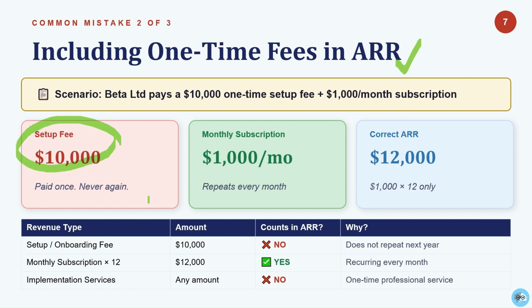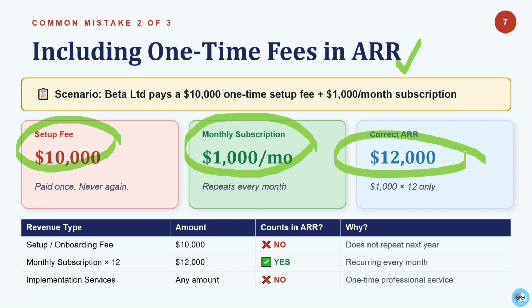Once the customer has got their service set up in their system, they won't be asking for that particular service. That setup fee won't be there. So we should only consider the monthly subscription, which is 1000 per month. And therefore, the correct ARR would be 1000 into 12, which is 12,000.